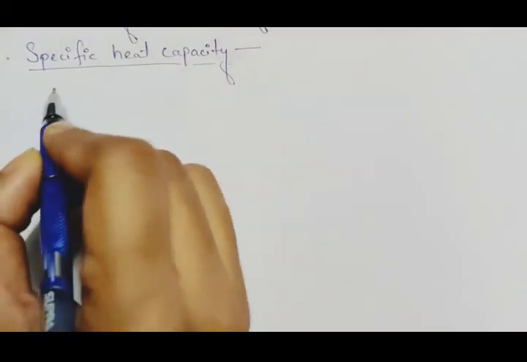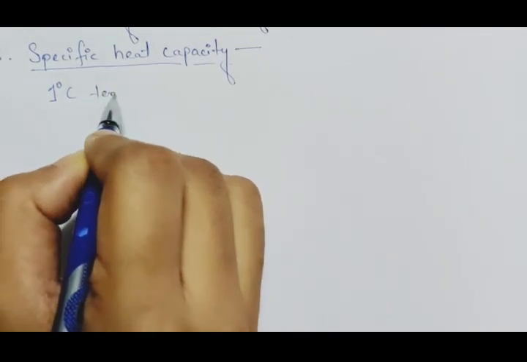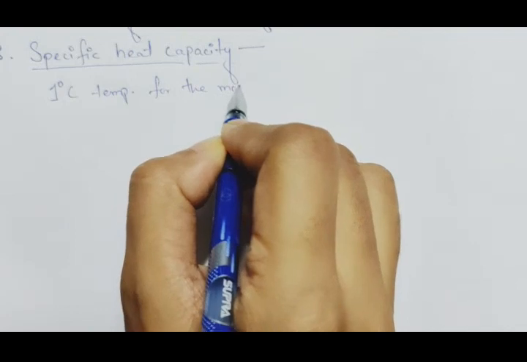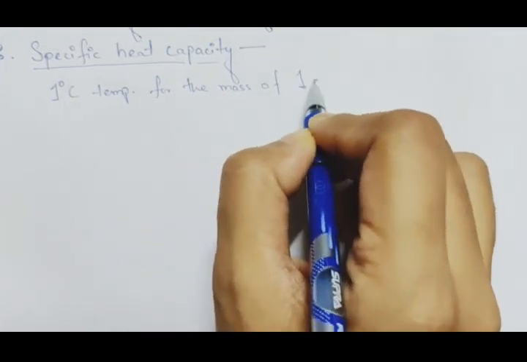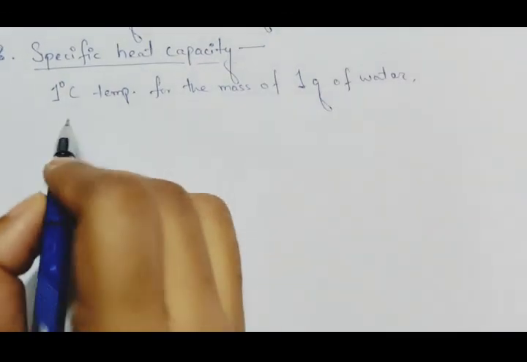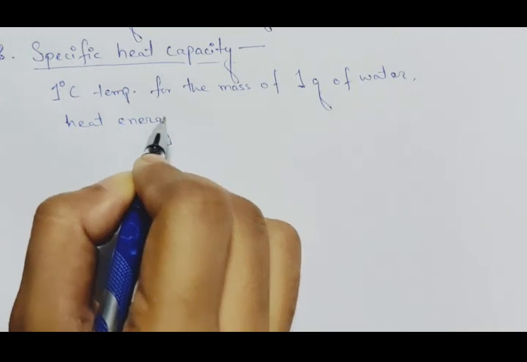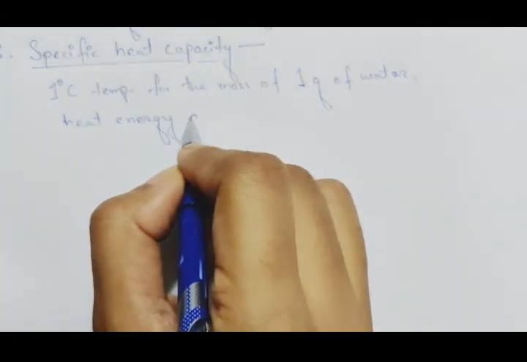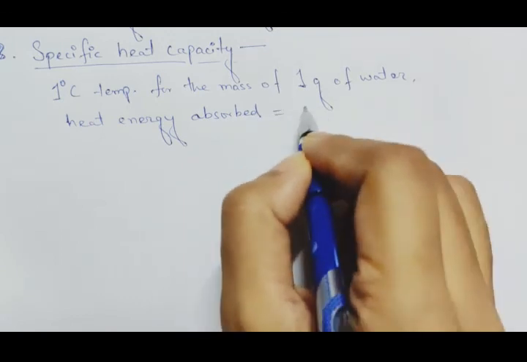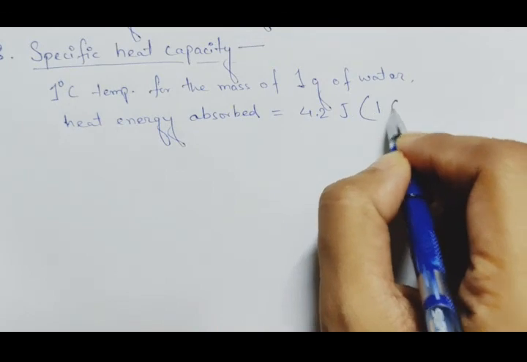So for a 1 degree Celsius change in temperature for a mass of 1 gram of water, the heat energy absorbed is 4.2 joules, or it is called 1 calorie.